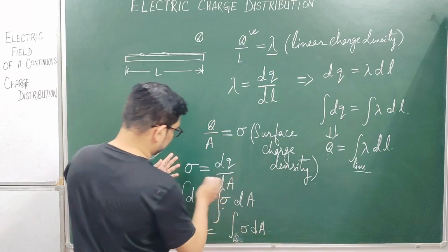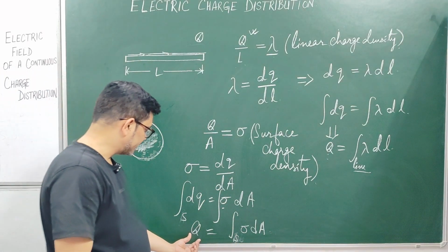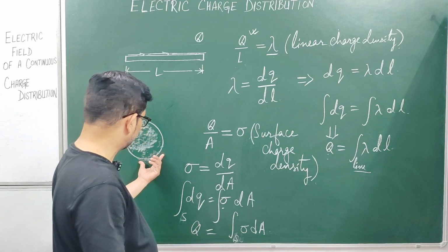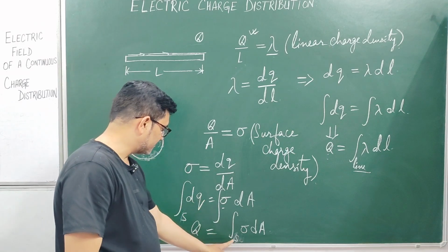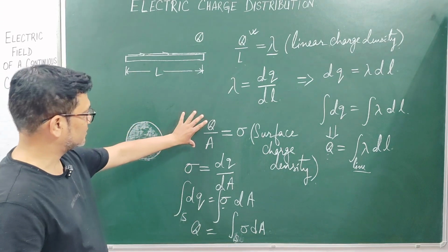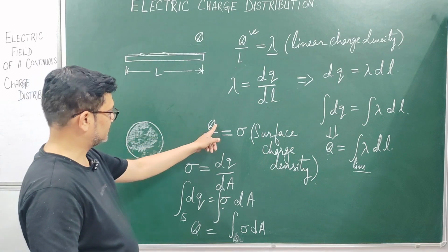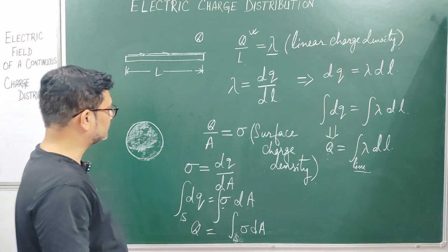So this is the relation we are getting, that the net charge q, if you integrate over the surface, is the integral of sigma dA. This is what the surface charge density relation is.